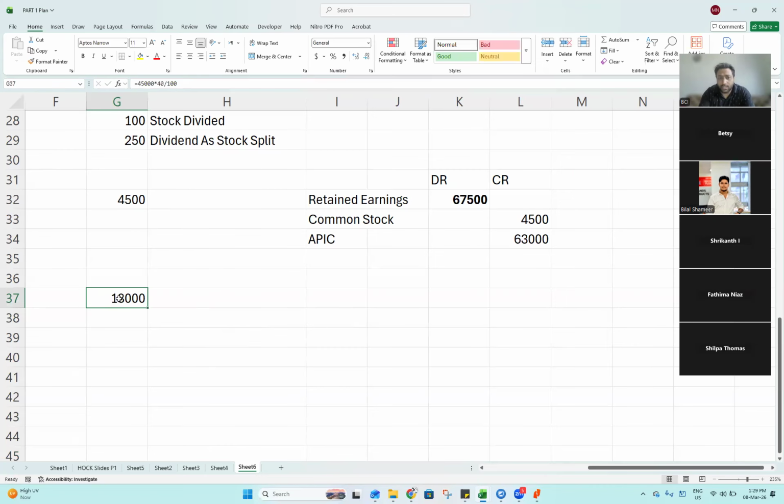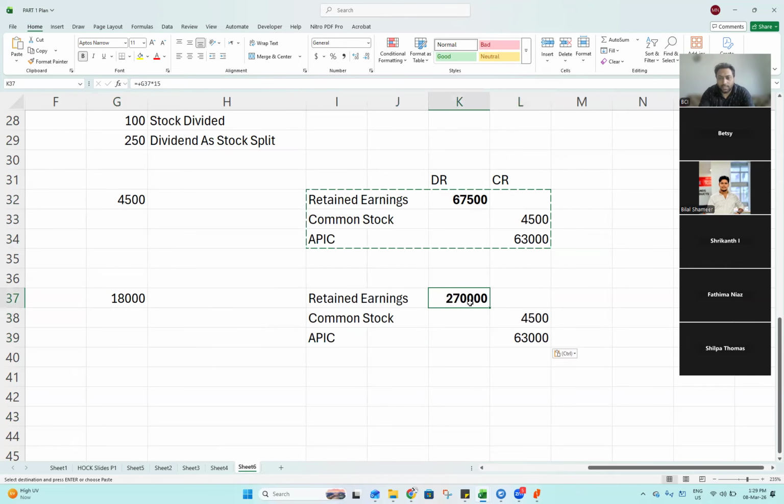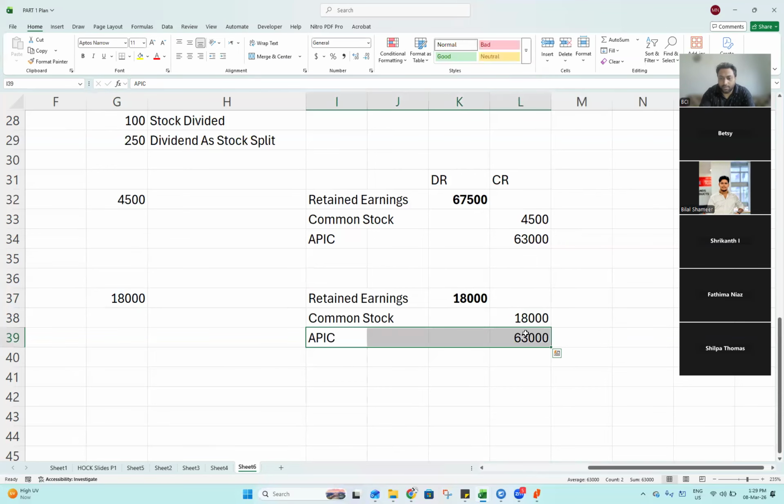What happens? 18,000 shares will be issued. Clear? In this case, your entry will be debit retained earnings, 18,000 shares into $1, and credit common stock. 18,000 into $1. There is no additional paid in capital. Clear? All good?